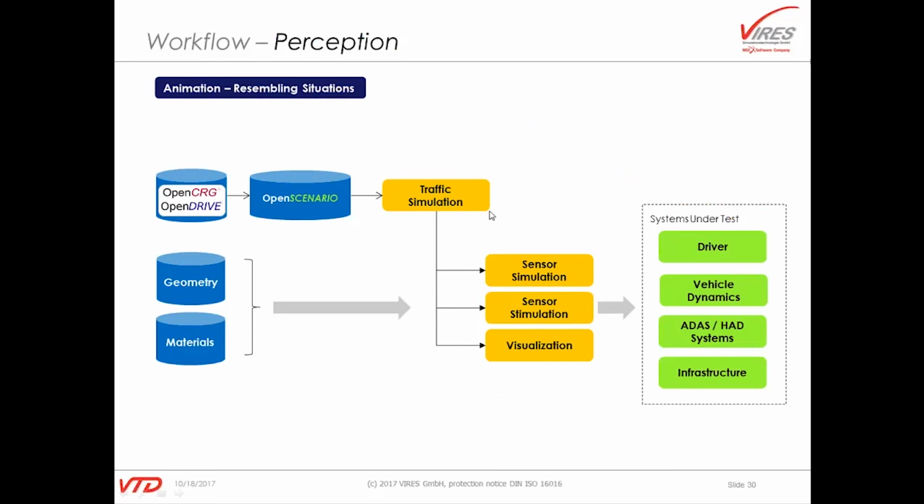So we will get the position of each participant in the 3D environment from the traffic simulation. Again, remember your own vehicle may be fed in here, and so your own vehicle will also be at least channeled through this traffic simulation.